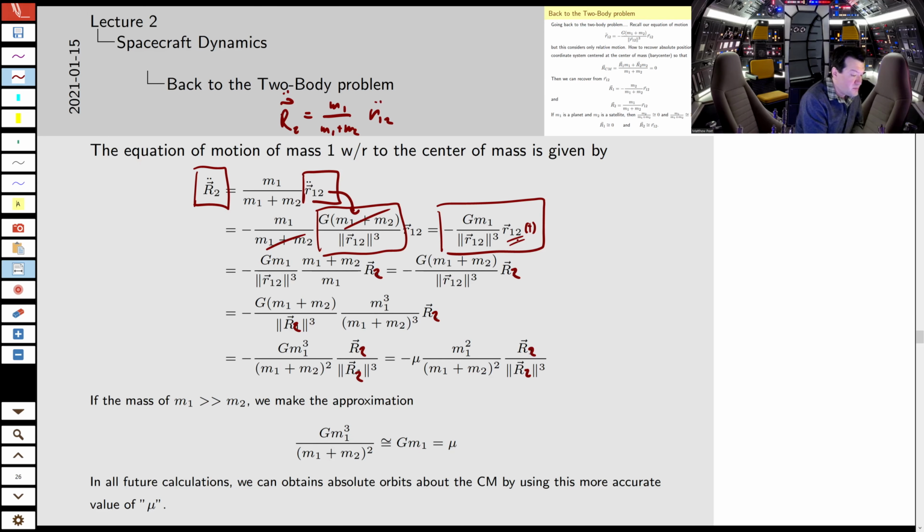So we take this expression, and then we know what that is, because we just invert this relationship: R12 equals (m1 plus m2) over m1 times R2. We plug that expression in here, and the m1's cancel out again, and we get this expression for R2 double dot in terms of R2 itself.